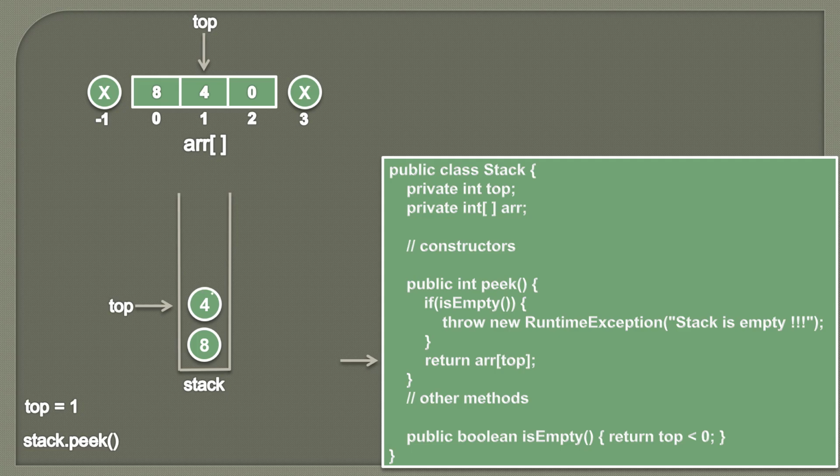Here, instead of removing the element from the stack, we are just returning the value stored at the top index, which is at index 1, and the value is 4. So this peek method will give us information about which element was inserted last. So value 4 will be returned from this peek method, and the element will stay in the stack, it won't get removed. It is just giving us information about which is the last element inserted into the stack, which is our peek element.